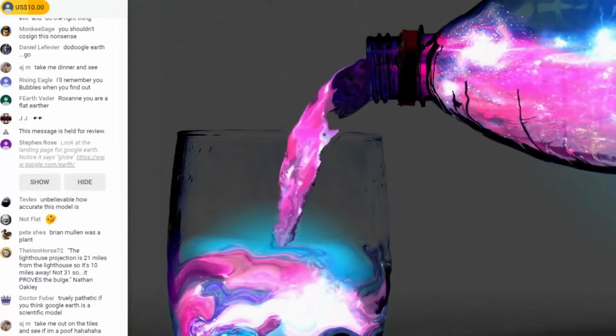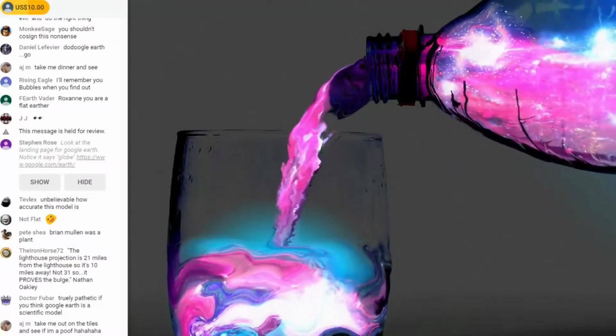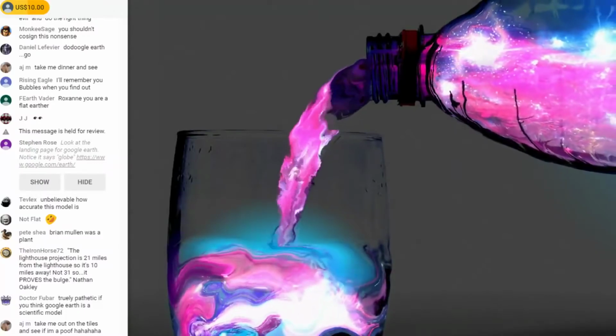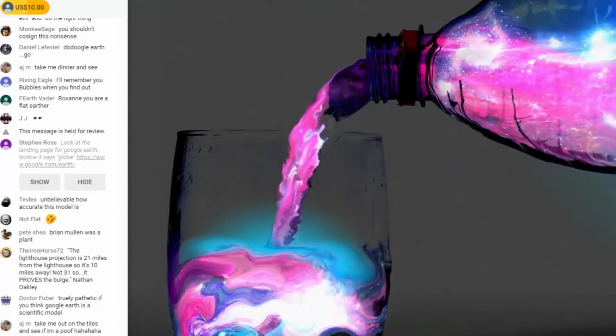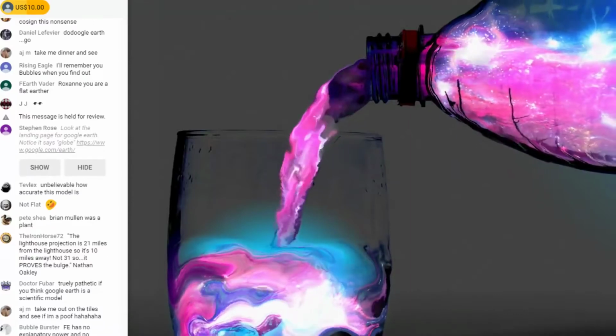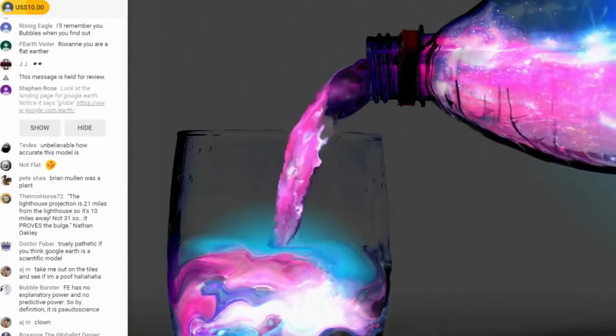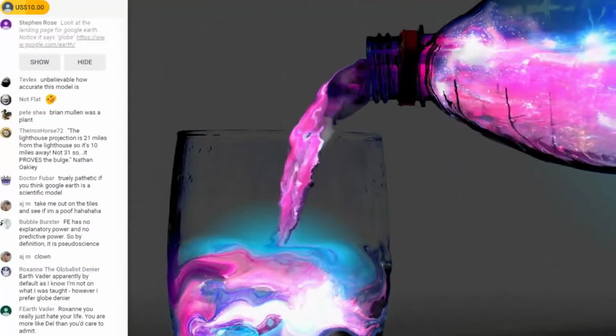That would have settled it. But now we get these self-contradictory Google Earth things that show you a curved line, but measure it as flat. And that's where we are.